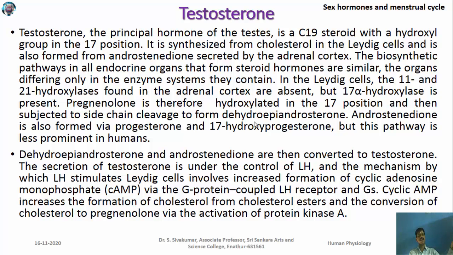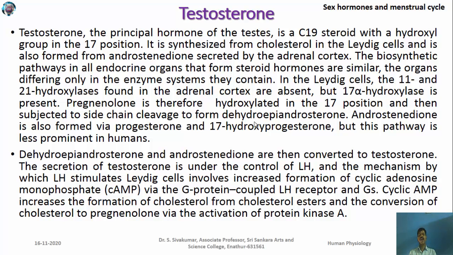In others it is not converted, because of the presence of different enzymes and different hormones. Since the enzymes are absent, that particular hormone is not produced. If that particular enzyme is present, that particular hormone is synthesized. That is how testosterone is synthesized in the Leydig cells, because they have the enzymes responsible for its synthesis.